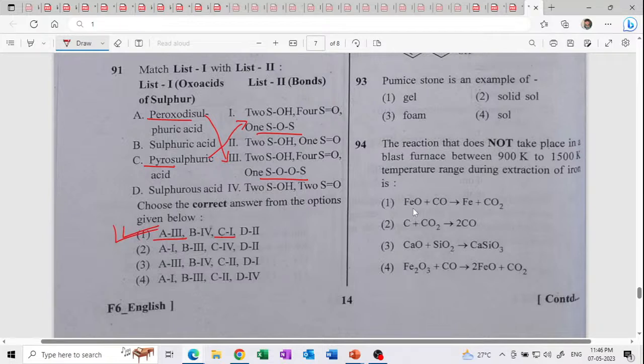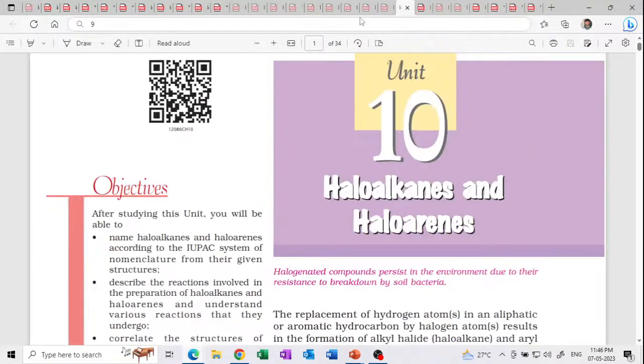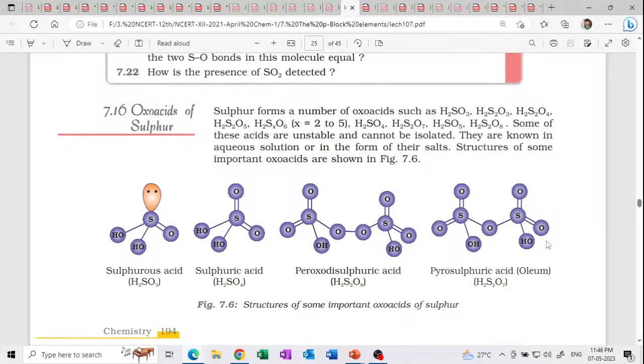Get it? This is the peroxo and pyro. Yes, this is the peroxo and pyro. This is the peroxo, so it contains the sulfur oxygen linkage. And this is pyro.